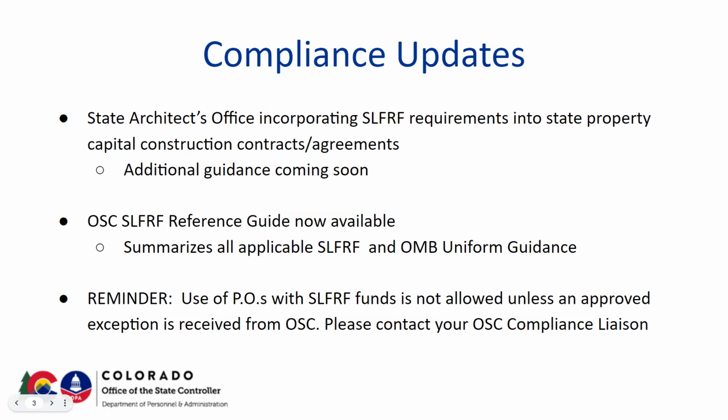So the PO was approved, but in addition to the PO, a letter with specific SLFRF requirements was included, and signatures were obtained via DocuSign. So there may be some additional things that you will have to add in, but please make sure that you do get an approved exception prior to using your PO.